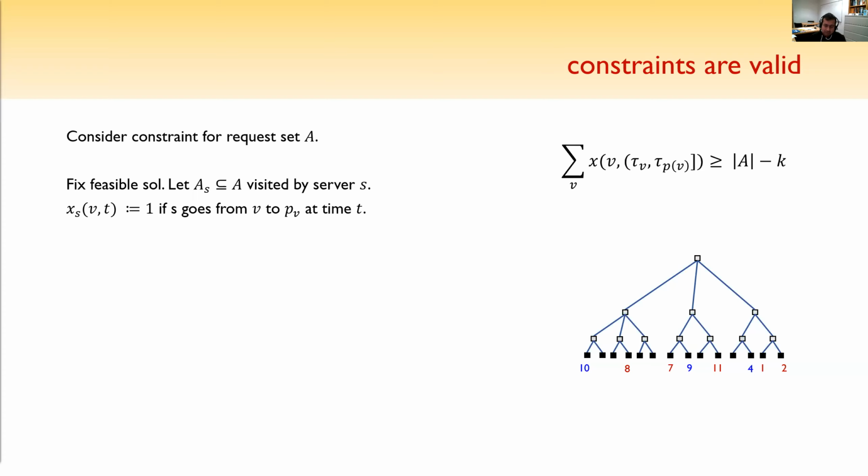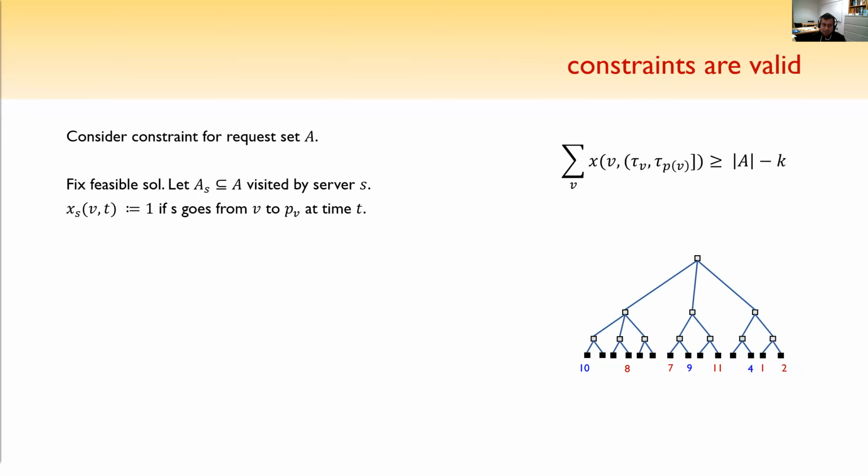So let's again focus on these constraints on the requests in A. Now, in any feasible solution, these requests are being served by one of the k servers. So let's partition A into subsets based on which server serves the request in the feasible solution.